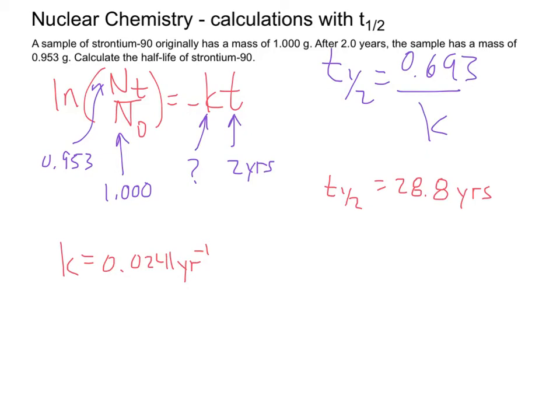Now, this is kind of an interesting problem. Talking about strontium-90, you might wonder why I picked some random nuclide like strontium-90. Strontium-90 is actually an isotope that was produced during some of the nuclear testing in the US in the 1950s. And in the 1950s, they were doing a lot of those nuclear weapons testing above ground.